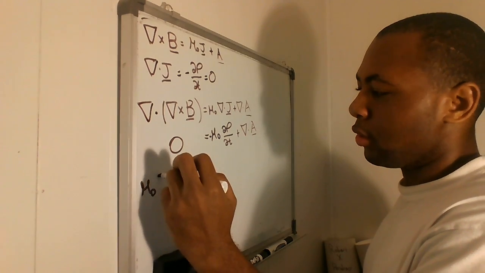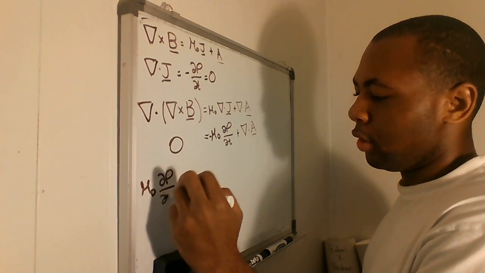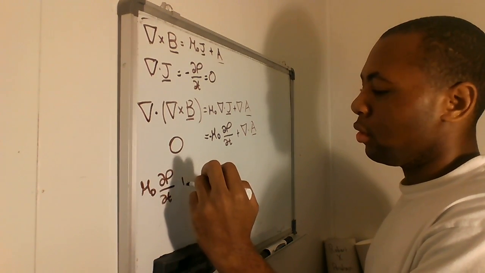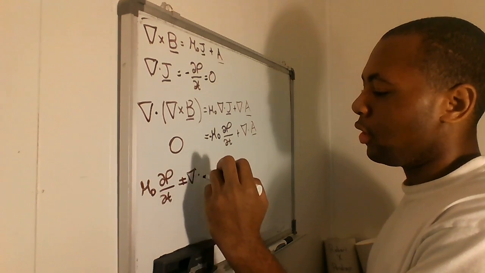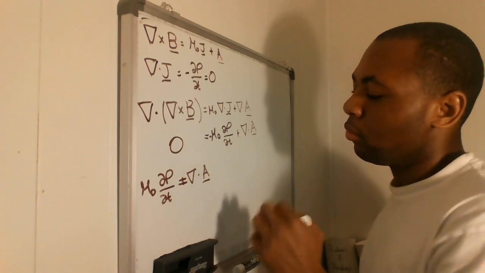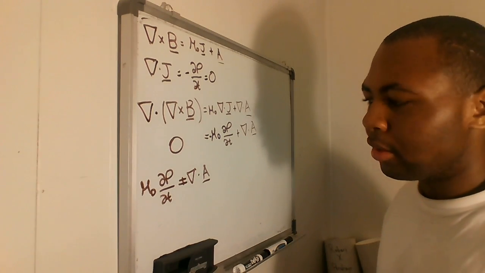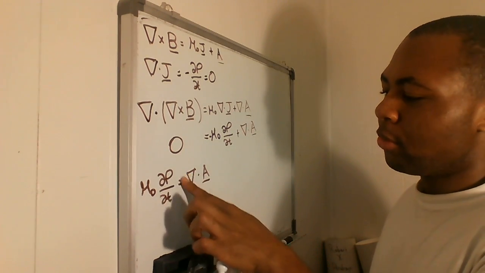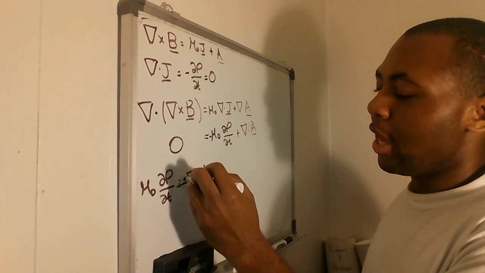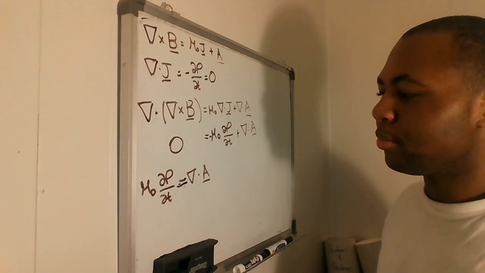So mu naught del rho del t equals the divergence of A. Doesn't really help us, because what does this mean? Not much of anything. There's no easy way of getting A by itself so that we can have a simplified expression.